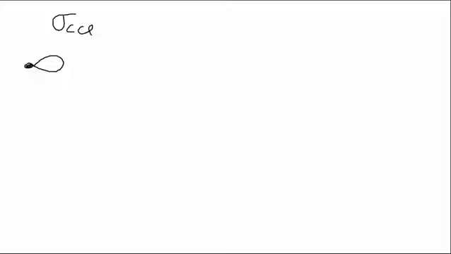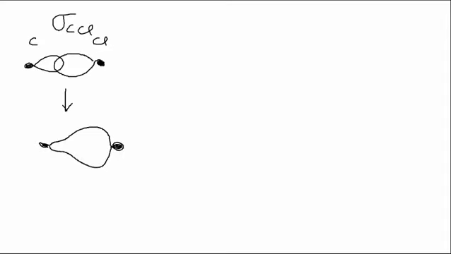If this is carbon and this is chlorine, the bonding orbital is going to come more from the chlorine side than from the carbon side. So what it looks like is going to be a little more pear-shaped and have a little bit more electron density close to the chlorine.